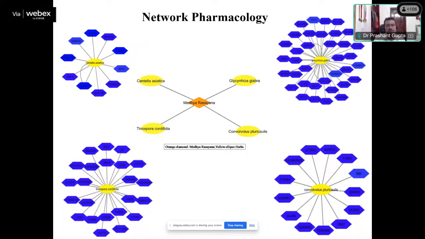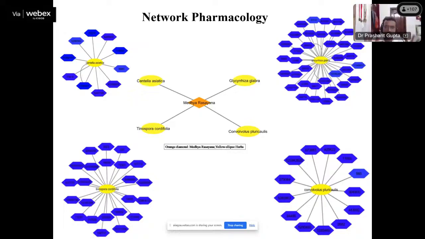In network pharmacology, let's say we are taking Centella asiatica, Glycyrrhiza glabra, Tinospora cordifolia, and Convolvulus pluricaulis. Centella asiatica has this number of bioactives. Tinospora has this, CP has this, and Glycyrrhiza has this number of phytoconstituents.